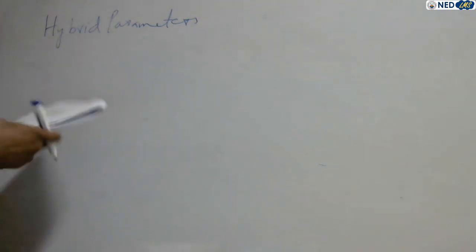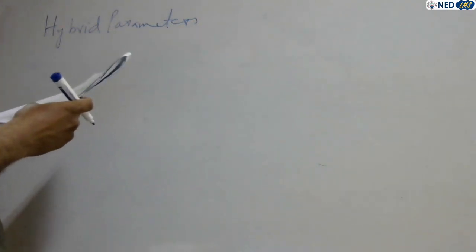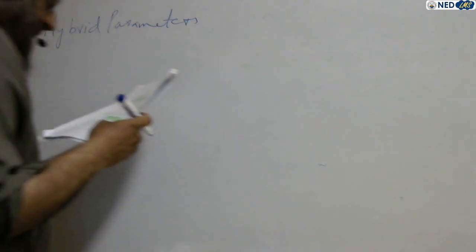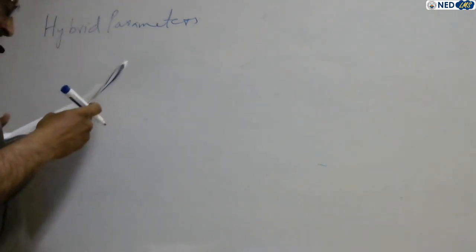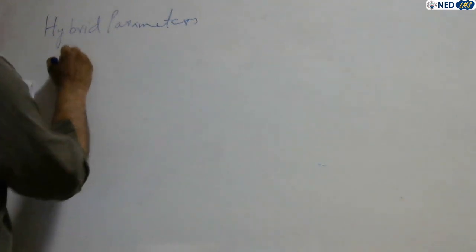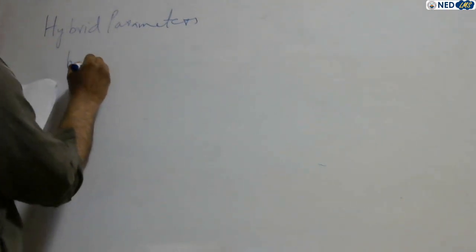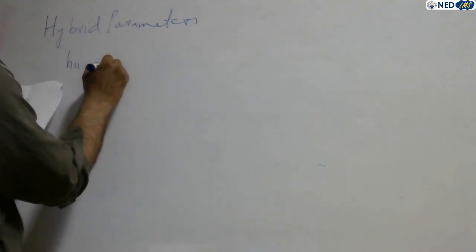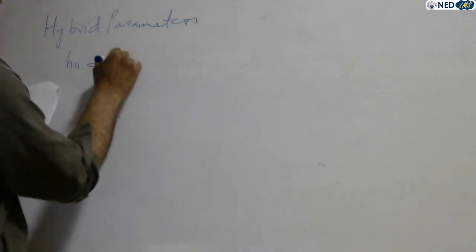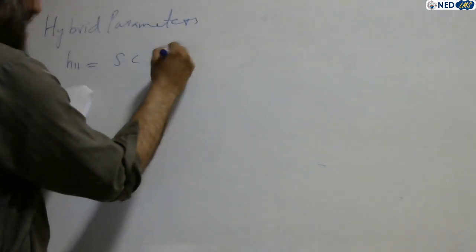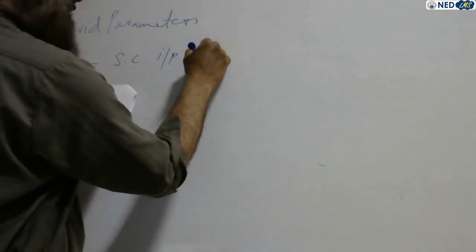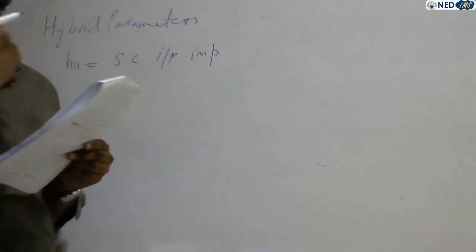These parameters are designated H11, H12, H21, H22. What does H11 show? H11 is the short circuit input impedance. Why impedance? Because the ratio of voltage over current is impedance.